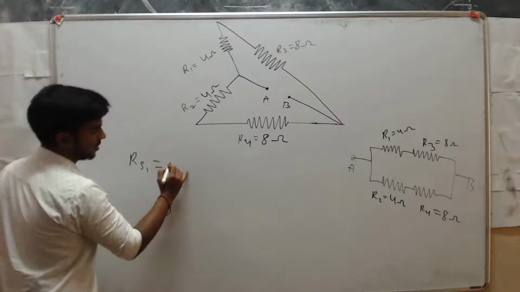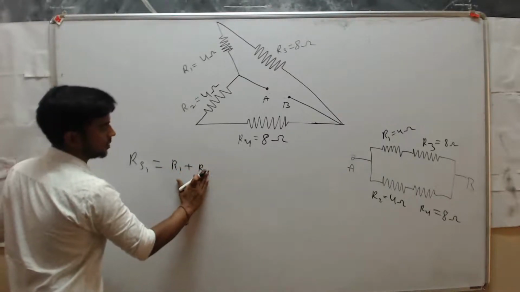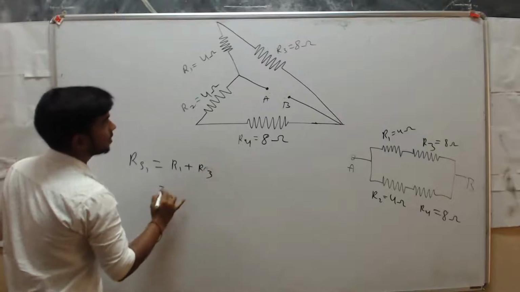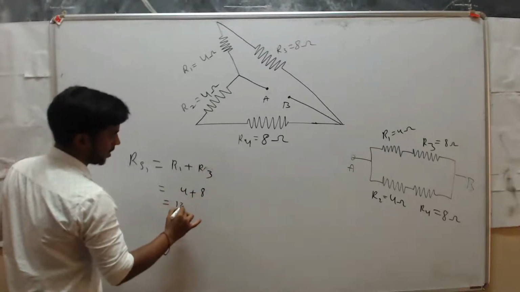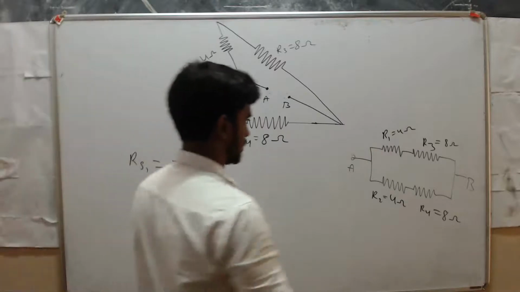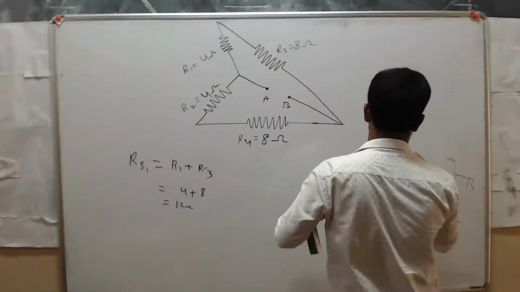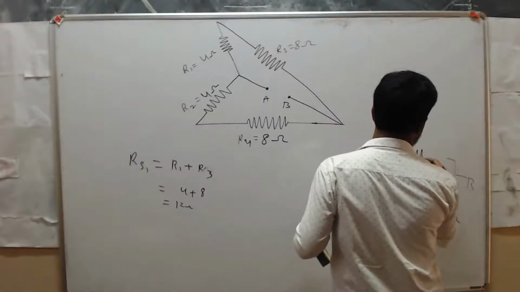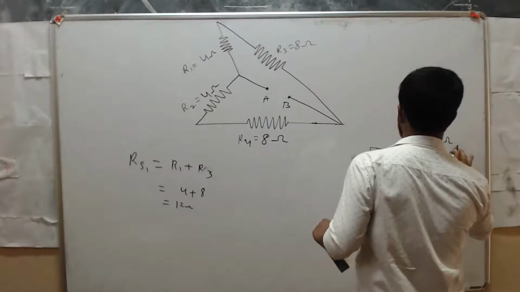Okay. Now first RS1, that is R1 plus R3, that is 4 plus 8. 12 ohm. Correct? Okay. Now you can redraw this circuit like this. So RS1 is equals to 12 ohm.